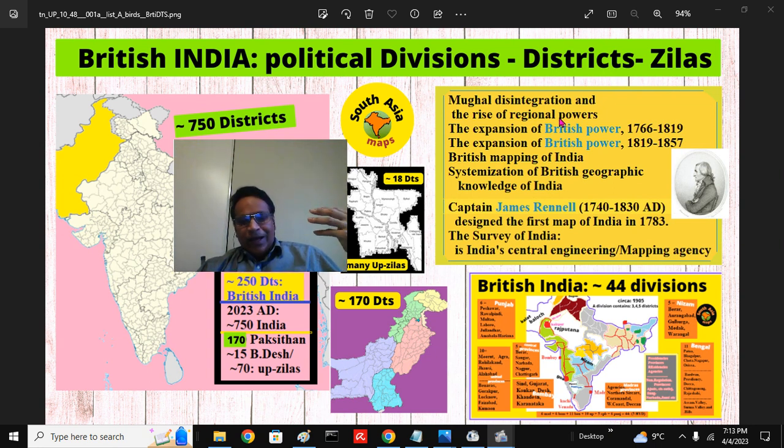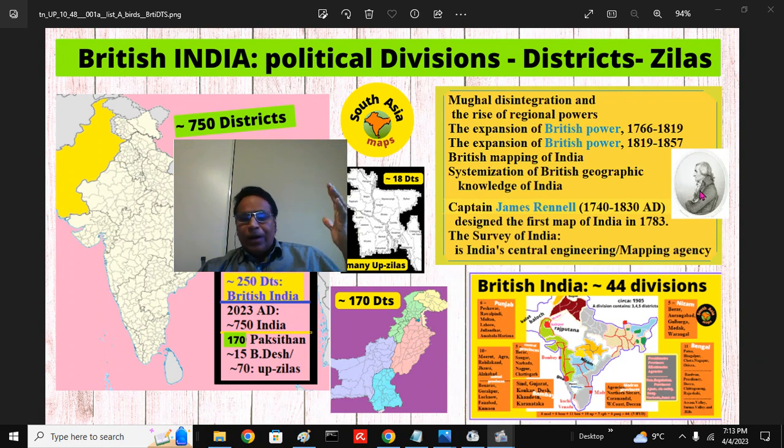When the British annexed many regions of India after Mughal disintegration, the setback of the Marathas and the Battle of Plassey, they started mapping India, a systemization of geographic knowledge. The prominent person at that time was James Rennell, employed by the East India Company.